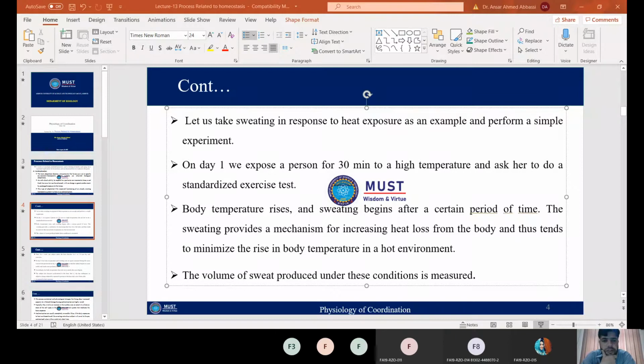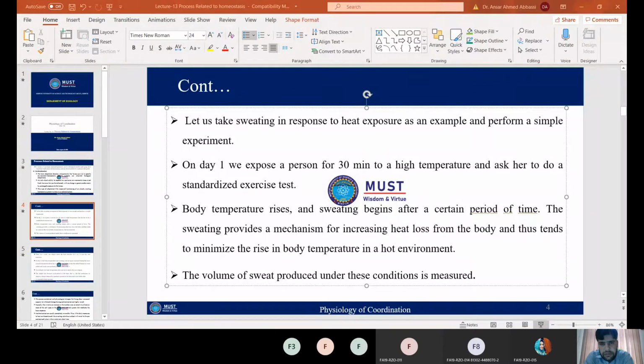So if you look at sweating in response to heat exposure, on day one, let's suppose we expose a person for 30 minutes to high temperature, and ask her or him to do a standardized exercise test as well. So when the individual starts exercise, the body temperature will rise, and sweating will start after a certain period of time.